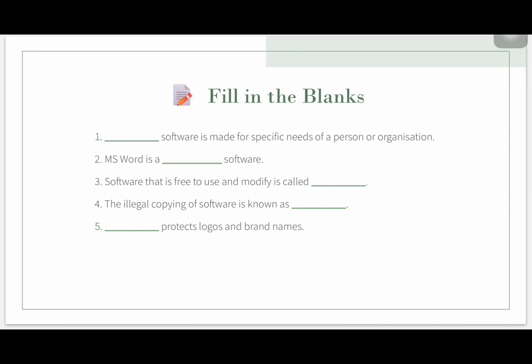Then software that is free to use and modify is called what? Free to use and also modify, open source software, correct? The illegal copying of software is called software piracy, correct?